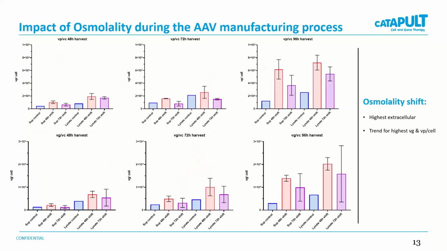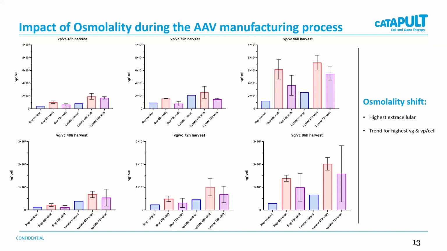Concerning the titer, what you can see on this slide, from left to right, are the 3 different time points: 48 hours harvest, 72 hours, and 96 hours on the right. The 3 graphs on the top are specific viral particle, and on the bottom, specific viral genome.